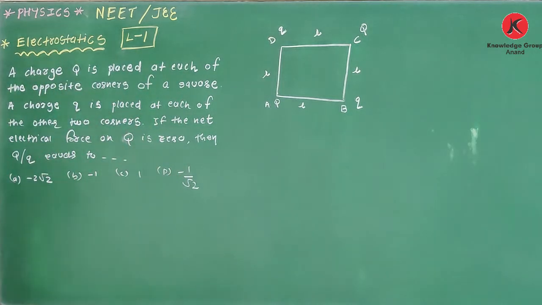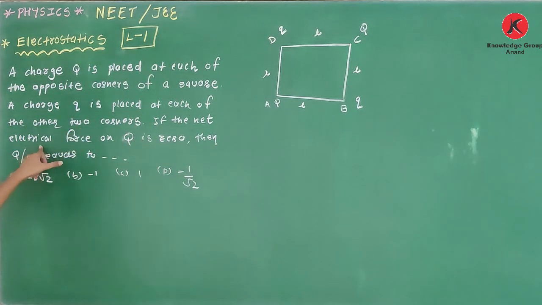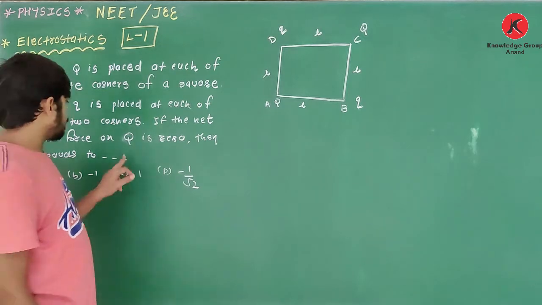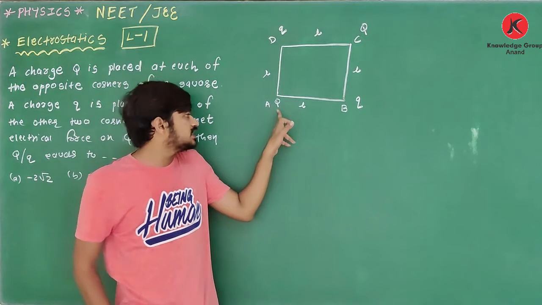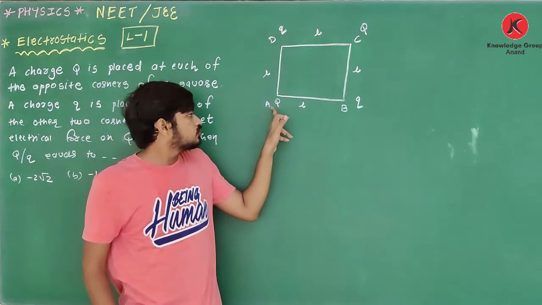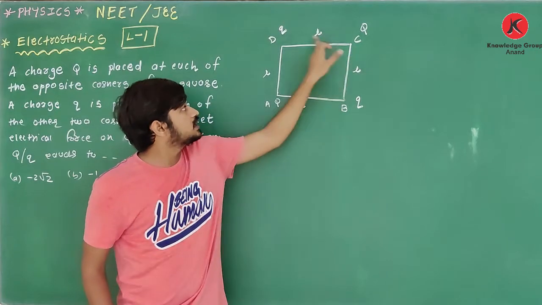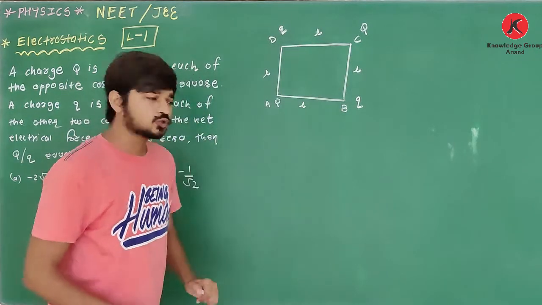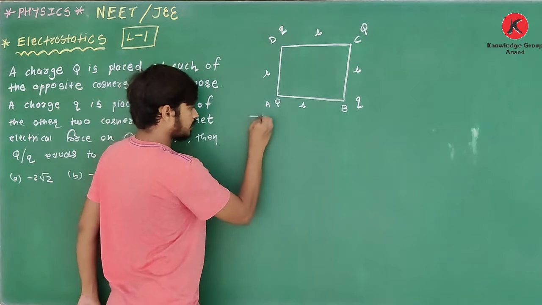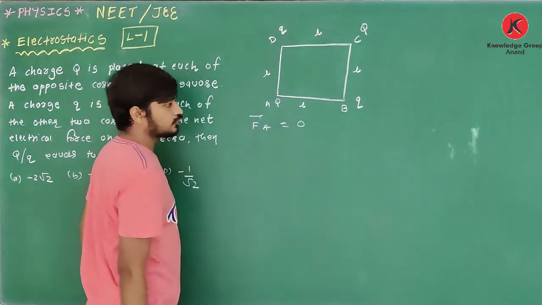Now, you have to find if the net electrical force on capital Q is 0, then Q upon q equals 2. Now, capital Q means the force acting on this charge, on A. So, on this charge, force is acting due to other charges. Yes or no? So, yes, force acting on A, Fa is equal to 0.